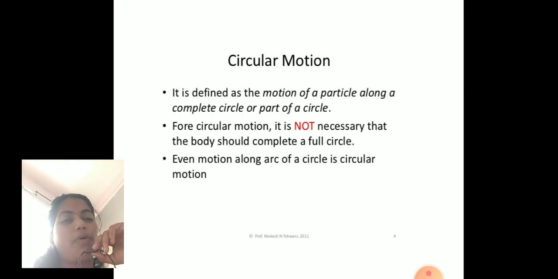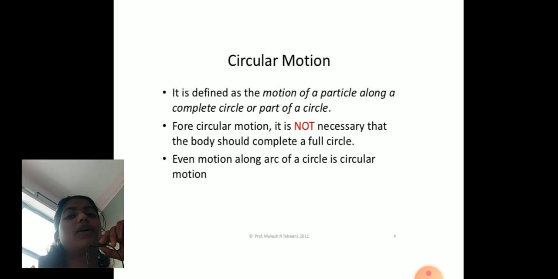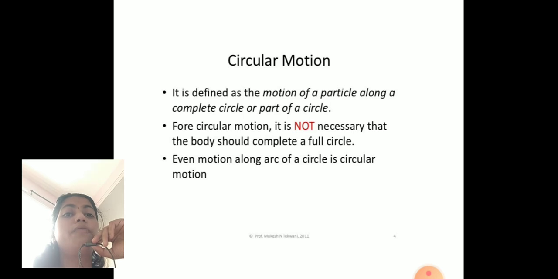Even motion along an arc of the circle is circular motion.